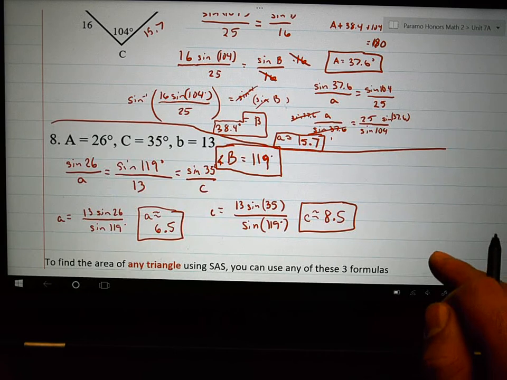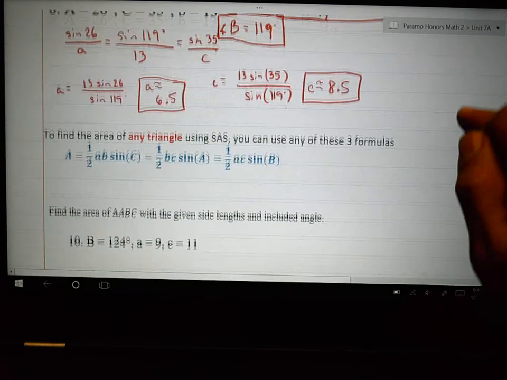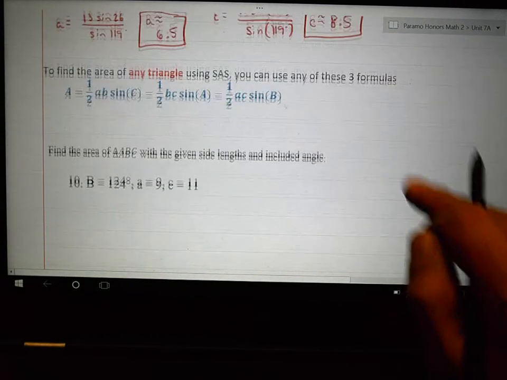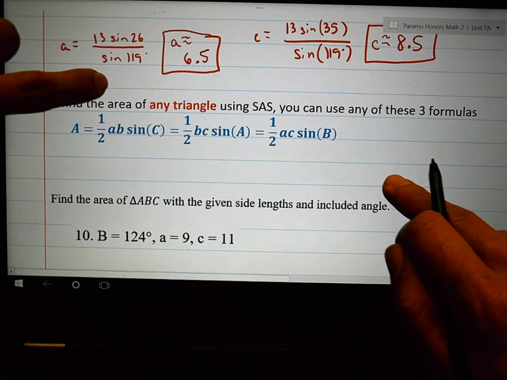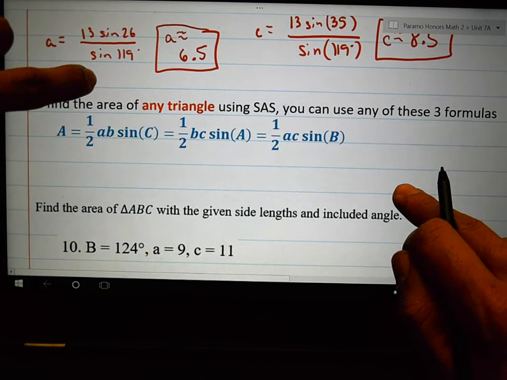There you go. The last thing that I want you to write down in your notes are these 3 formulas.